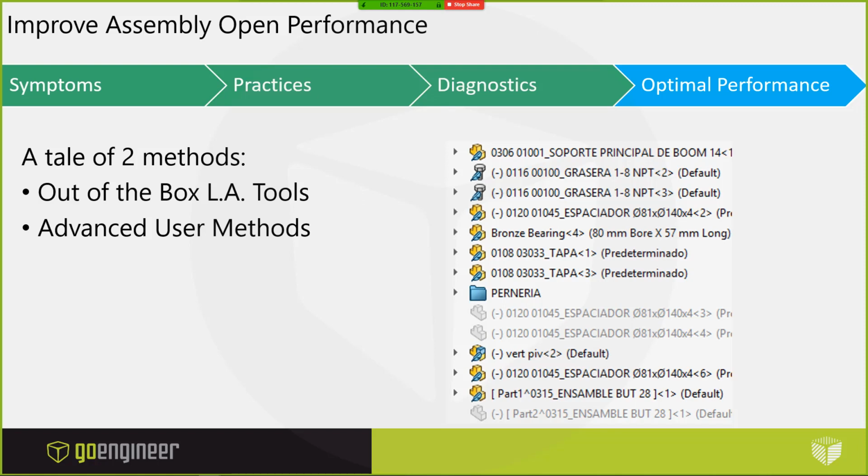Okay, so then next up we have some different options for the out-of-the-box tools inside SOLIDWORKS right now to get us better performance. Whenever we open up an assembly, we have some choices to make. We can open it up in resolved.